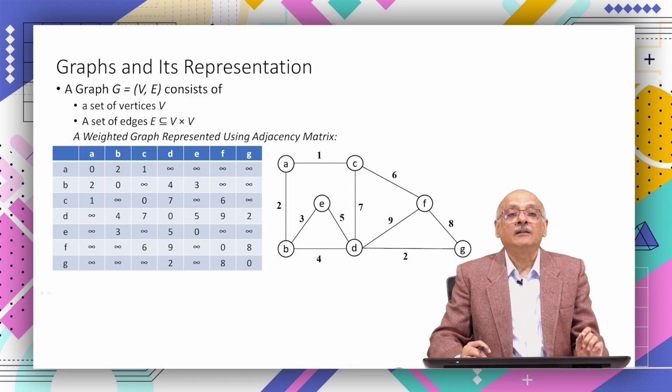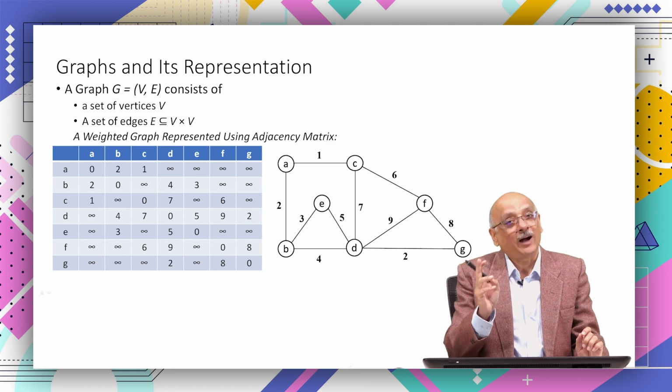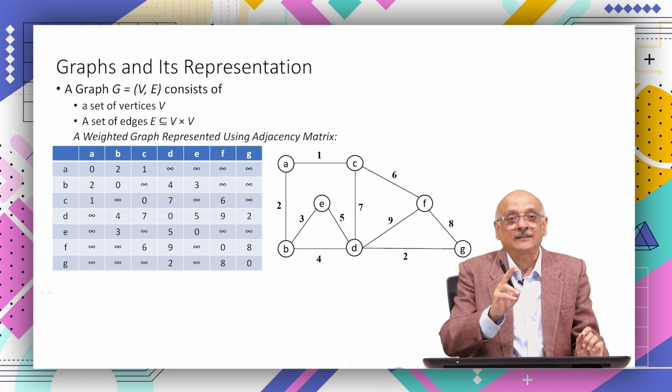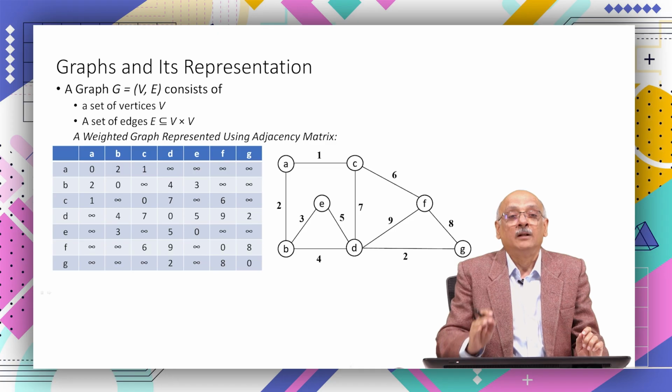Interestingly, the set of edges is from the mapping V cross V, that is from one vertex to another vertex. So it can be from one particular vertex to all other vertices. That is the maximum number of edges which are possible in a typical graph.